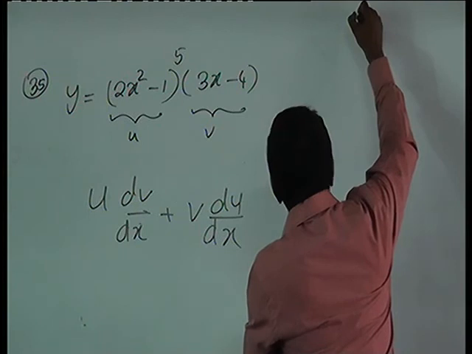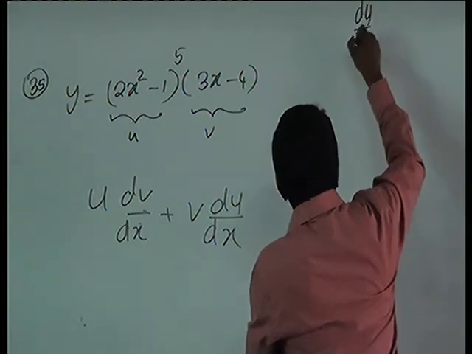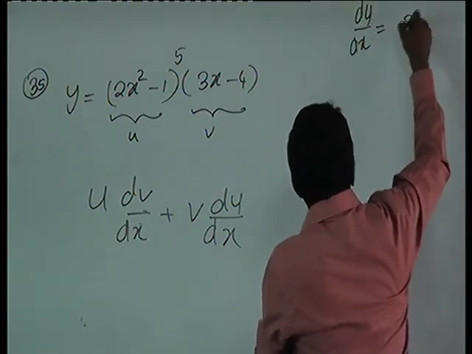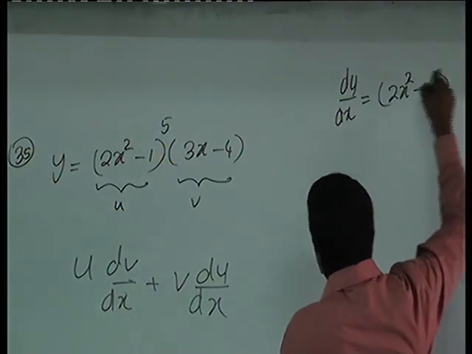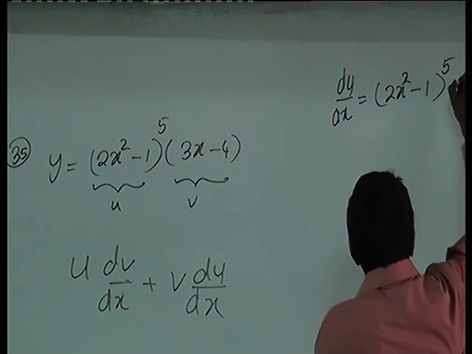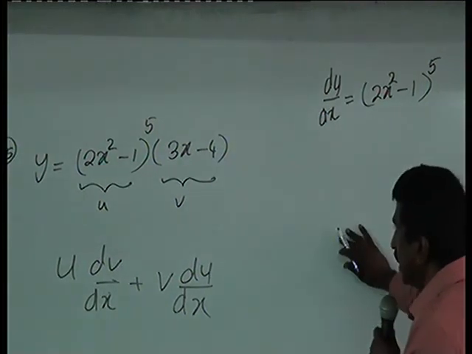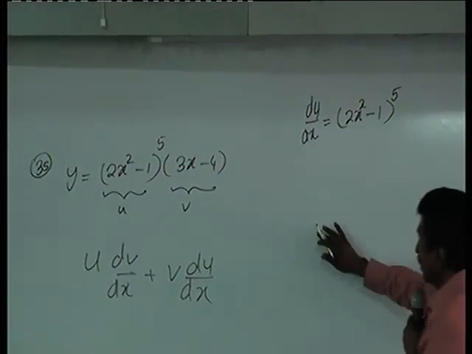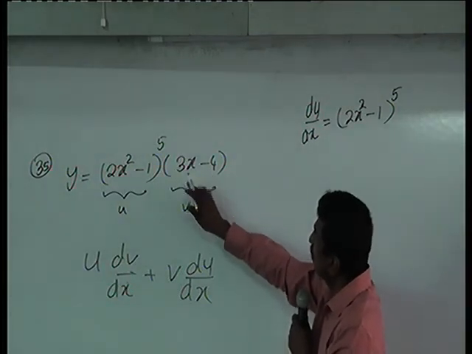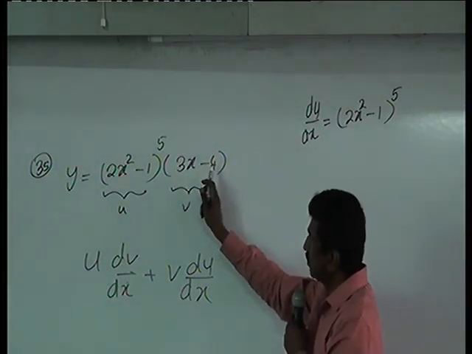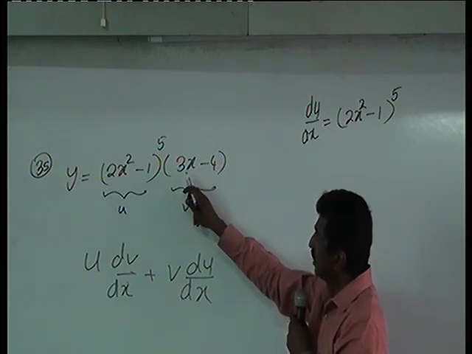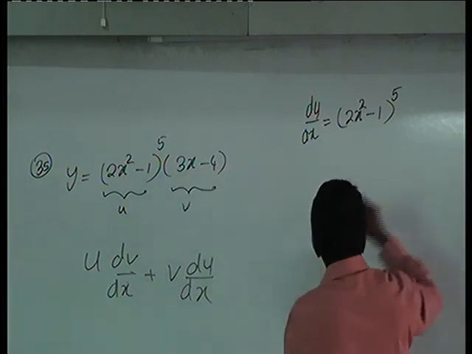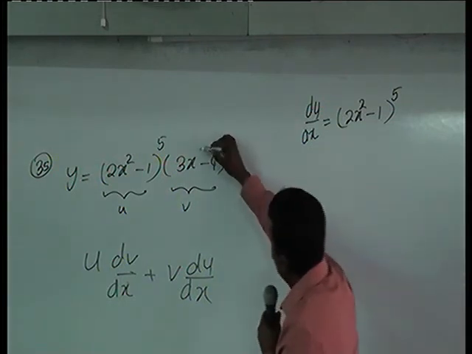So dy by dx is equal to 2x squared minus 1 to the power 5, right? Write the first function as it is, then the differentiation of the second function. Here, only 3x. This is a constant, that becomes 0. When you differentiate 3x, that is 3 into x to the power 1.